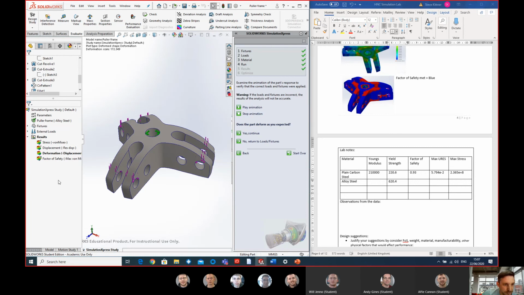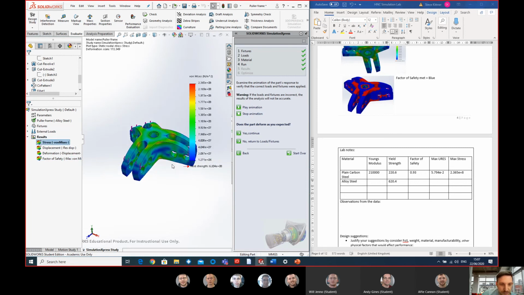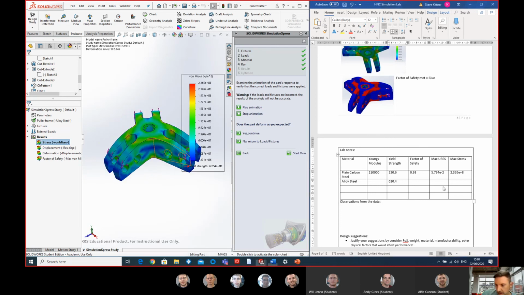Information. Let's have a look at the stress first of all. So same areas that are weak. Our stress is the same. Maximum stress is the same, obviously.